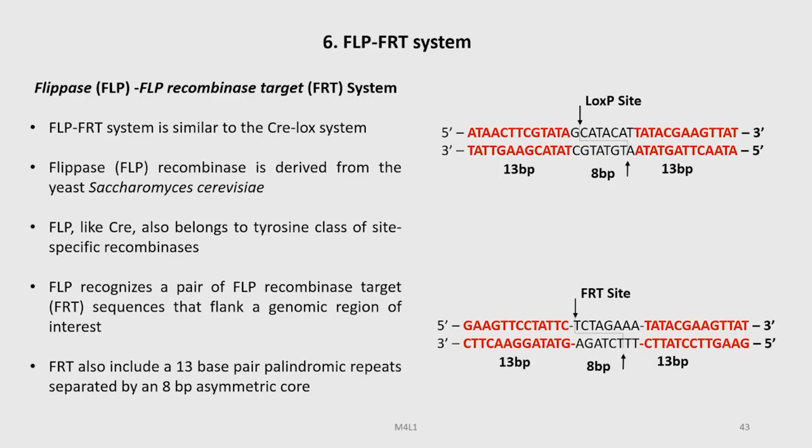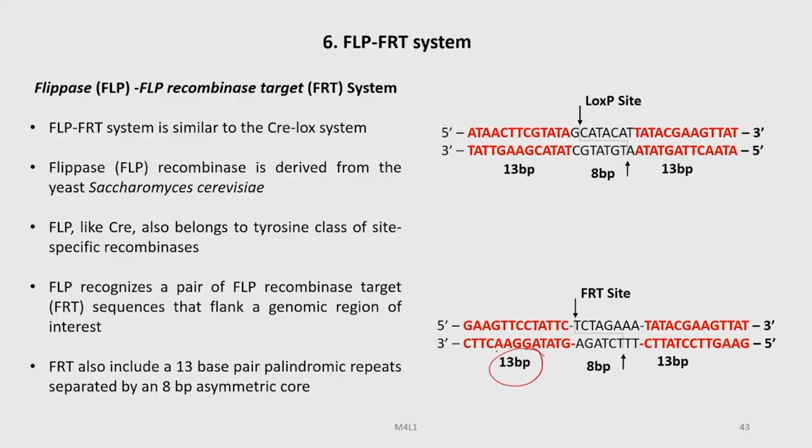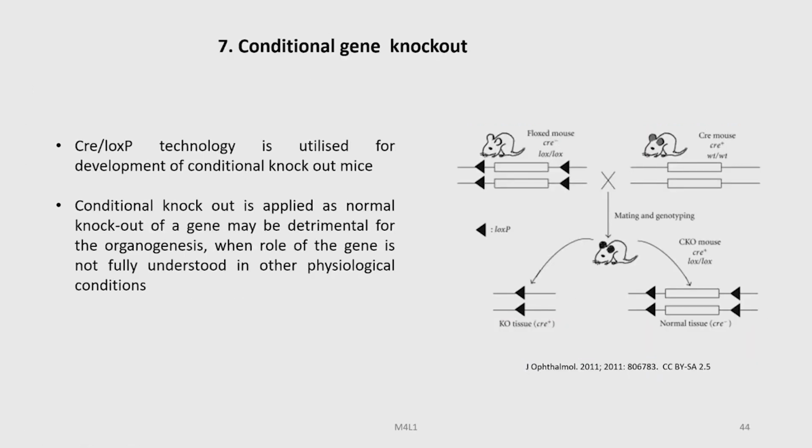FLP recognizes a pair of FLP recombinase target called as the FRT sequences that flank a genomic region of interest, similar to the LOXP site in the case of Cre recombinase. FRT also includes a 13 base pair palindromic sequence separated by an 8 base pair asymmetric core, which is similar to the earlier case.